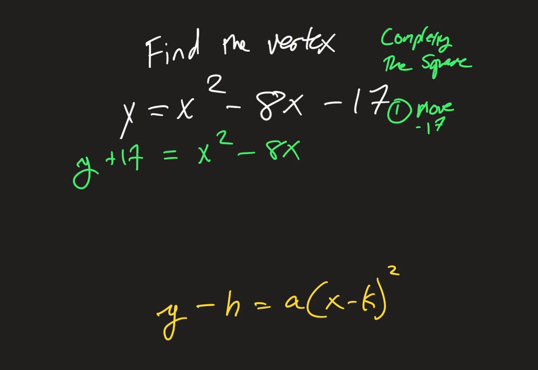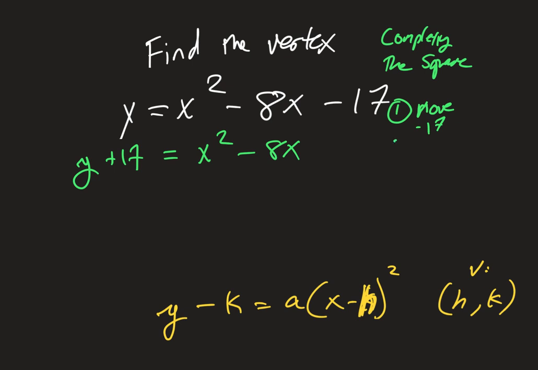I may have written this backwards. It doesn't really matter; it's whatever goes with the k, and then this is an h. So the vertex would be h comma k. That's why we're doing it. So I want to have a y and something on the left, and then I have to complete the square with the x's because the x is the thing that's squared.